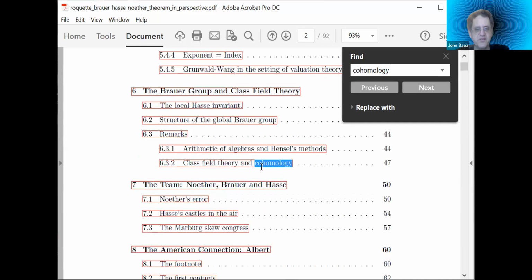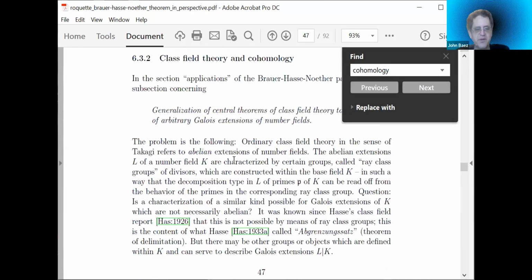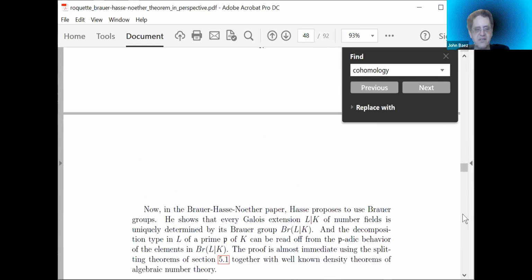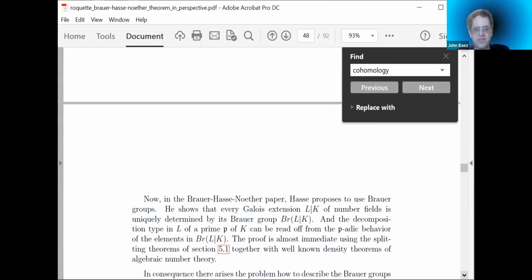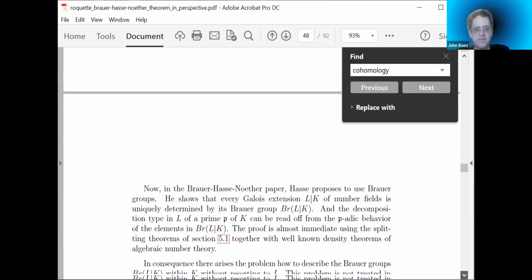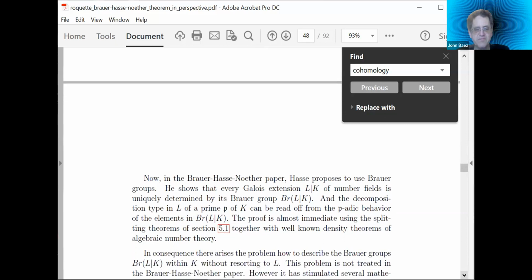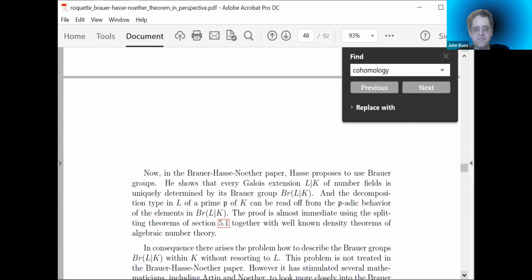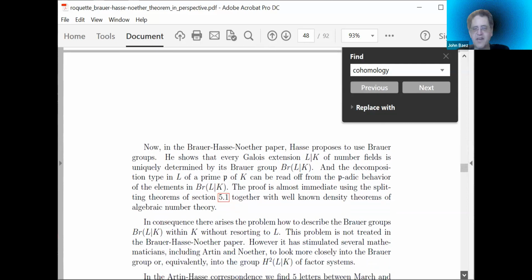So one thing that's sort of interesting is there's this business about the Brouwer group and class field theory and cohomology. And the only thing I wanted to say about that was something.